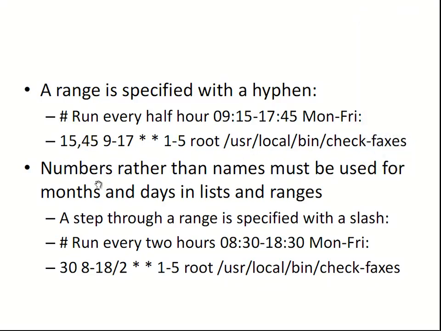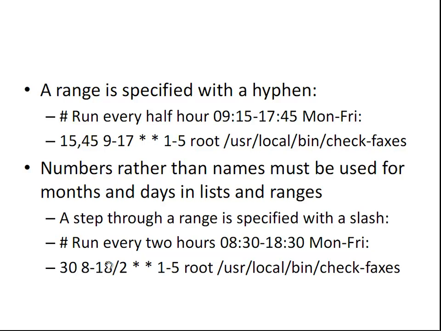Numbers rather than names must be used for months and days and lists and ranges. And so a step through a range is specified with a slash. So here in the first column we have 30. In the second column we have an 8-18.